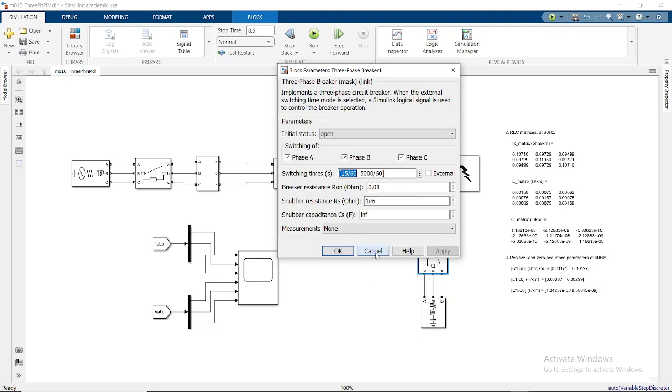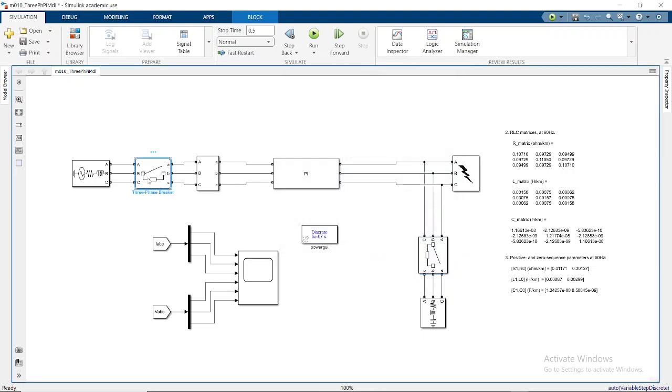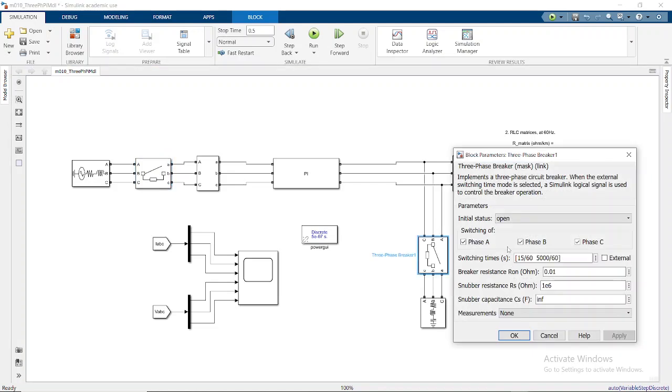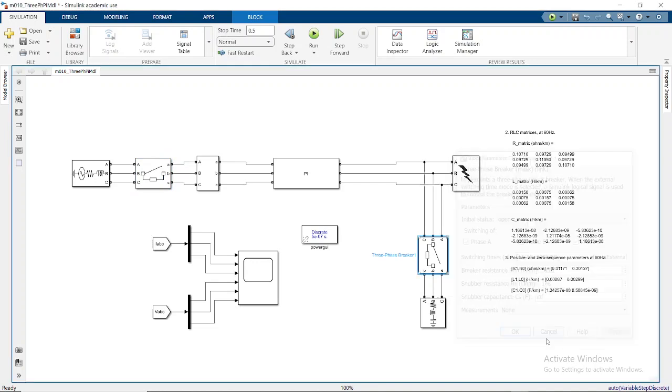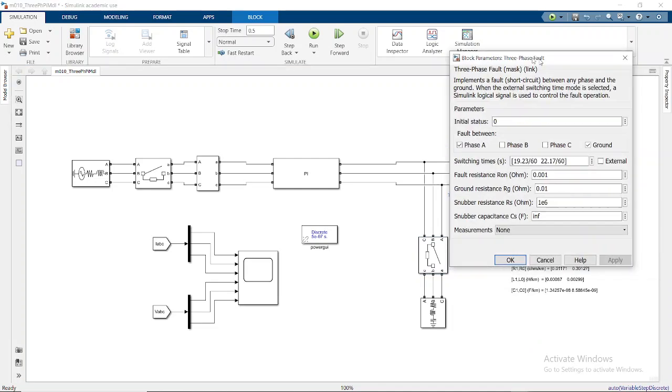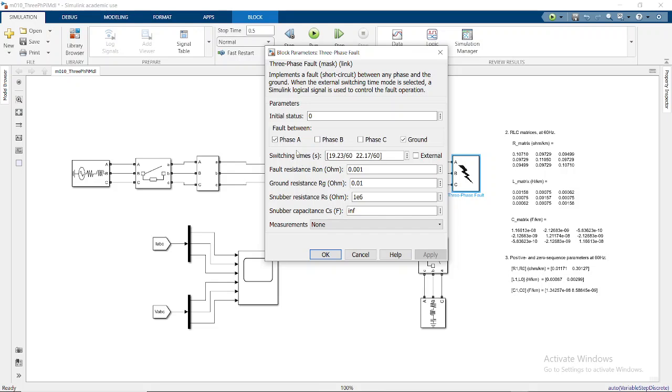That means first we make this circuit breaker on, then we make this one on at 15 by 60 second, and finally we are creating this fault. Which fault? Here I will show. We are creating this fault, that is phase A to ground, AN fault, at 19.23 by 60.